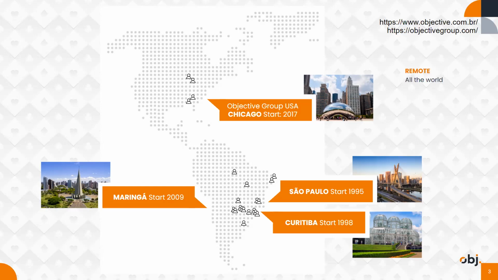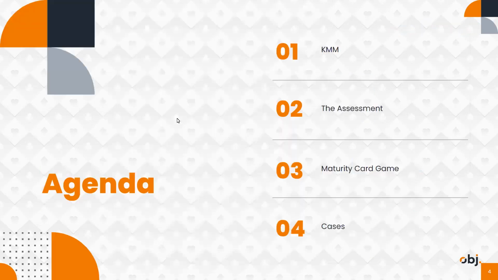We have 3 sites here in Brazil, and 1 site in the United States, in Chicago, since 2017. Of course, today we have collaborators from all over the world in the remote system, the new system, right? So that's it about our company, and let me show our agenda.